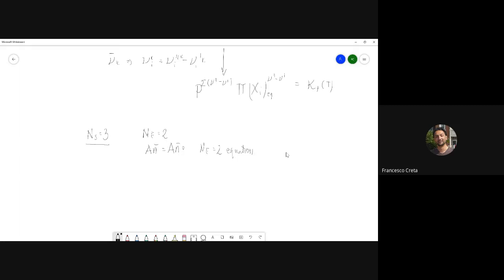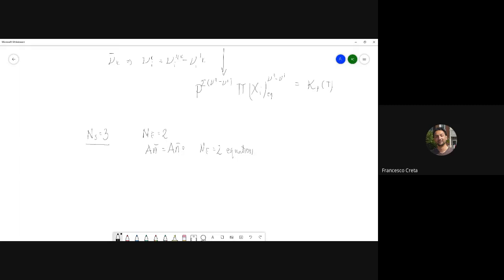Each of those is a plane, and the intersection is really a line, okay? And the line represents essentially my only independent reaction, because Ns minus Ne is equal to 1. So I only have one independent reaction. So the kernel of A is one-dimensional, and the basis vector is just the one direction.